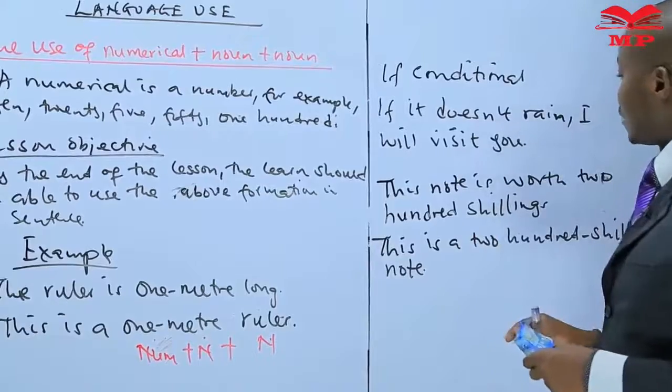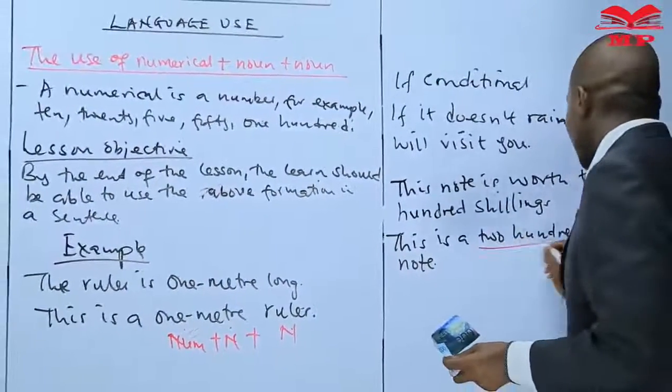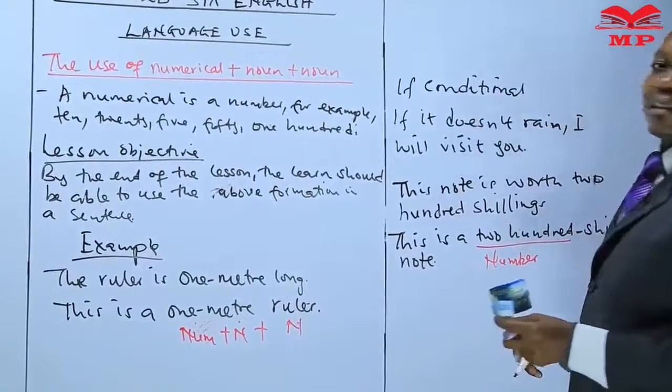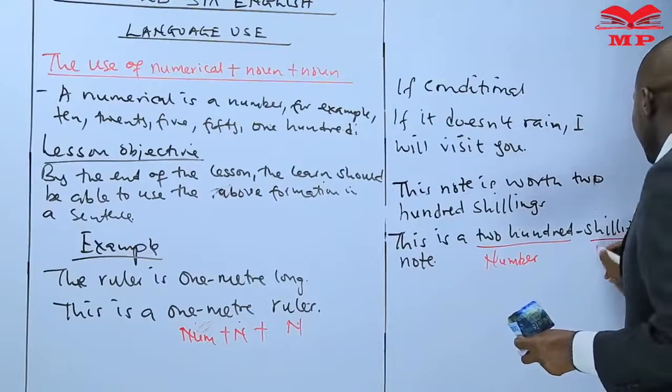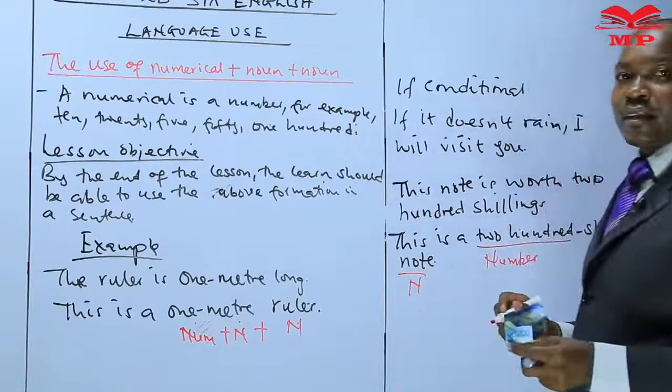Now in this sentence, we have 200 as our numerical, the worth or the value. Then you have shilling, a noun, and then note as a noun.